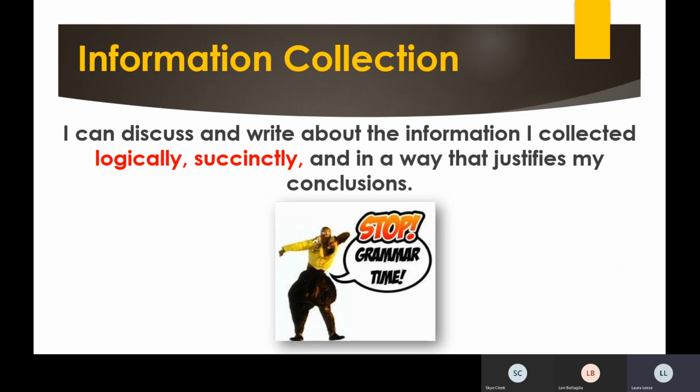We'll get into what that means a little bit later when we talk about what goes in each of these domains. But again, it is important for you to understand that in information collection, a large component is that the person collecting it can also discuss and write about it logically and succinctly. And again, it needs to justify any of the recommendations that they are moving forward with.